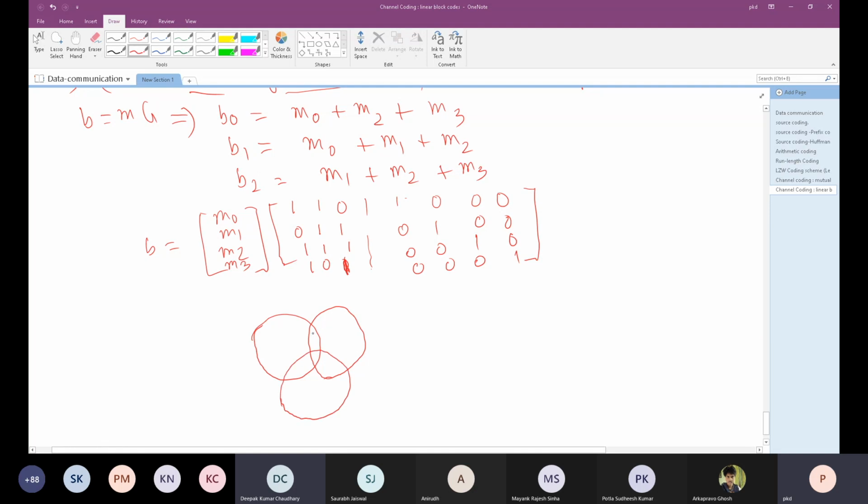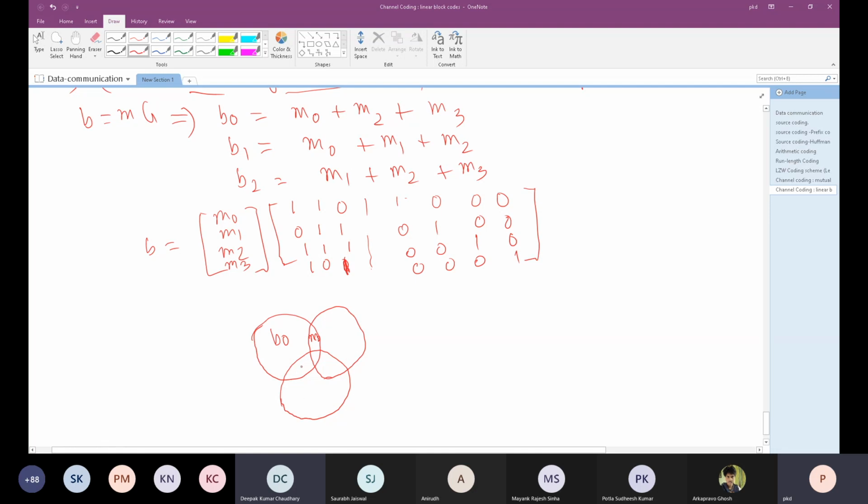So therefore, if we put the bits here, M0, we should also fix one of them. Let us fix this one as B0. Then B0 is M0, M2, M3. So B2 is M3.